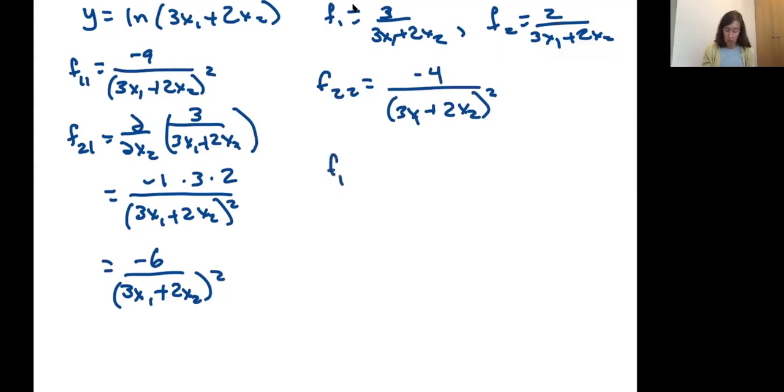And one more here, taking the derivative of the second derivative with respect to x2, taking that derivative with respect to x1, I get the same deal down here. I've got my -1 from the power rule. I've got my 2 that's just part of that second derivative.